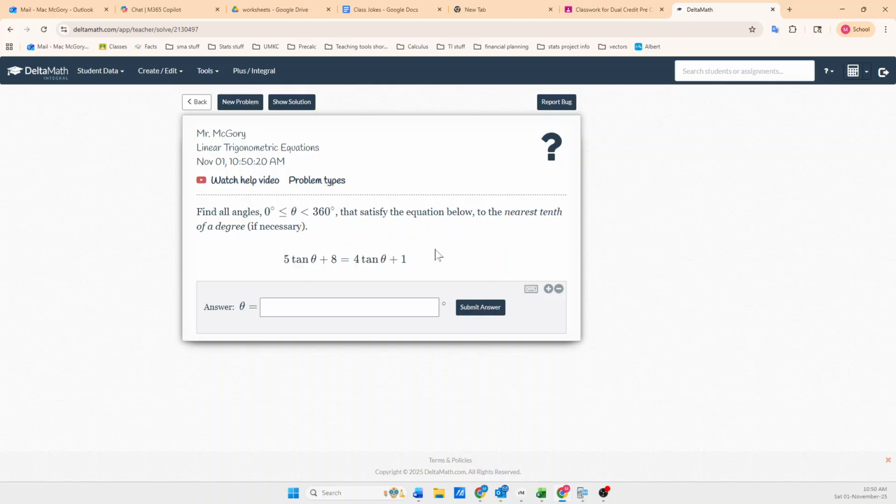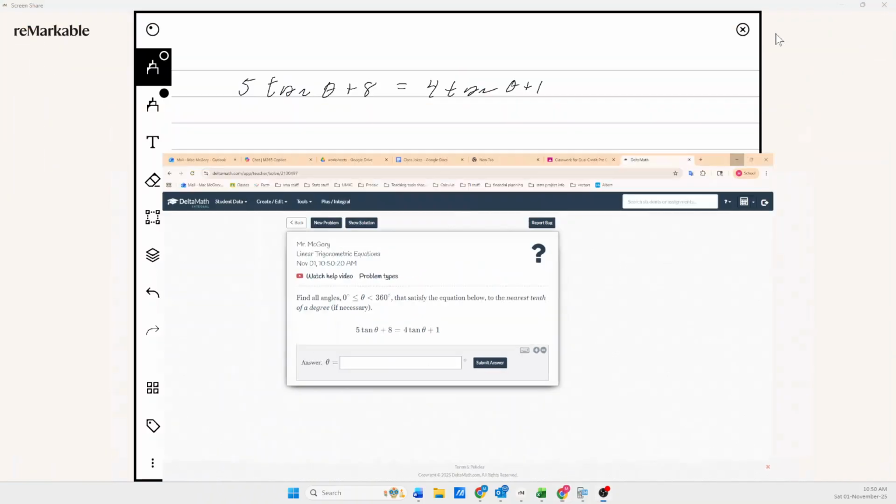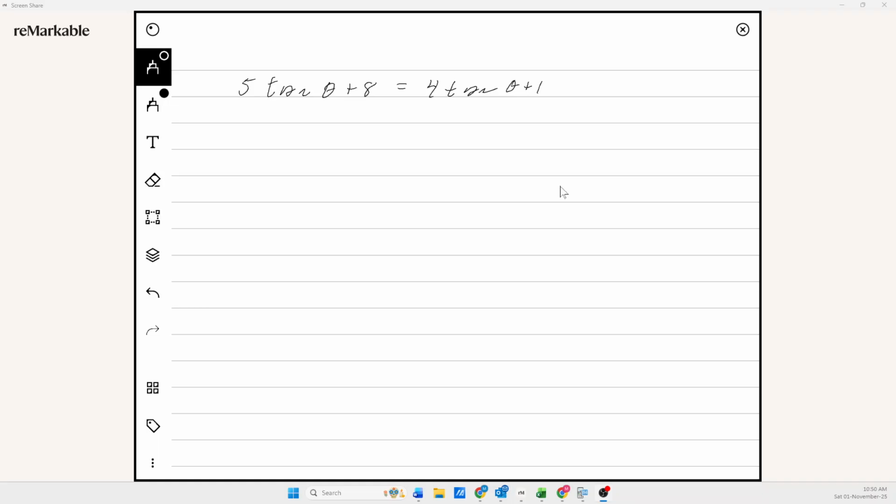You can't see what I'm writing, but this is 5 times the tangent of theta plus 8 equals 4 times the tangent of theta plus 1. So let's look at how to do that problem.